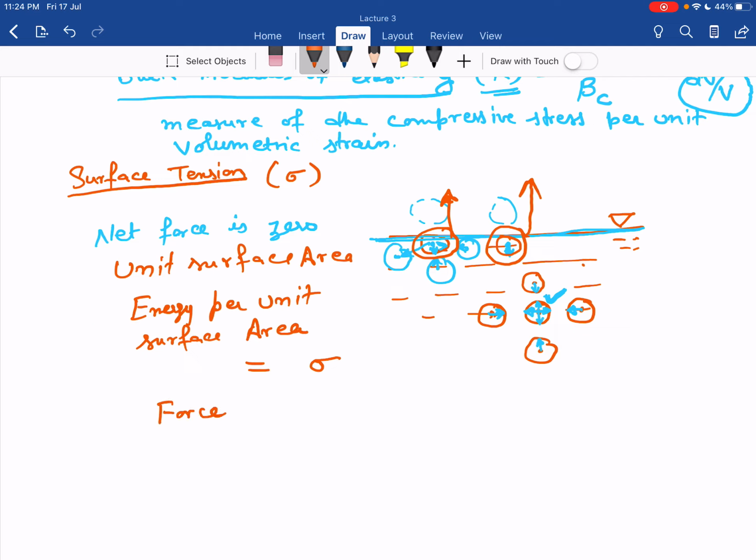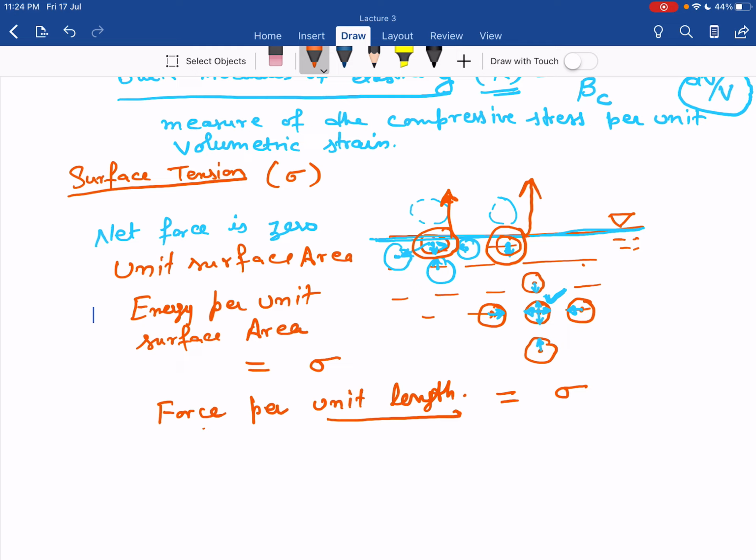So force per unit length, that we also call surface tension. Okay.